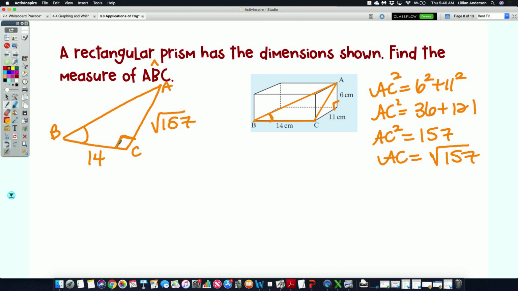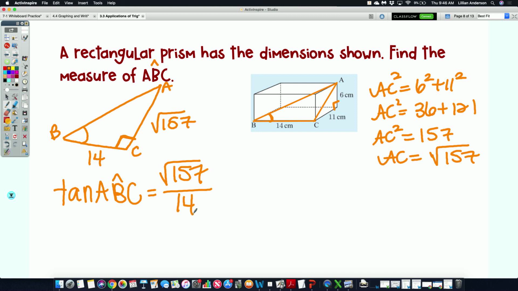So to find angle ABC, what trig function would I need to use? Tangent of ABC is equal to root 157 over 14. Again, we're using the square root number instead of carrying the decimal through, since it's easier.